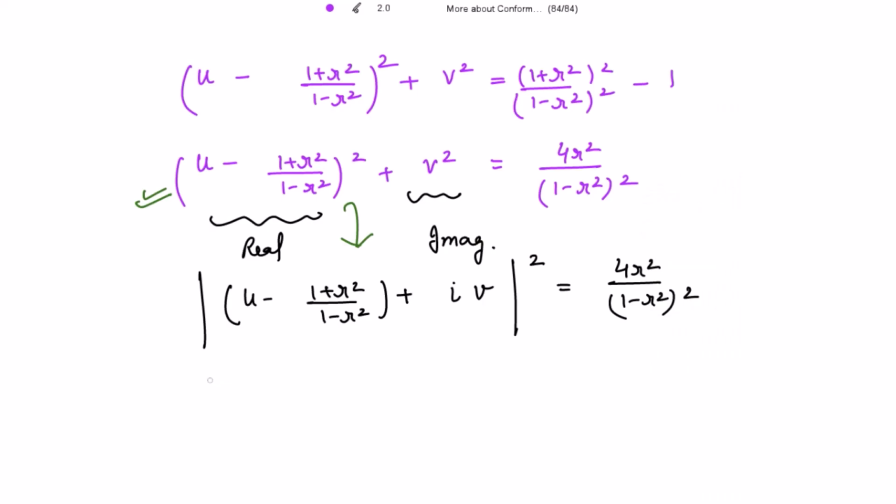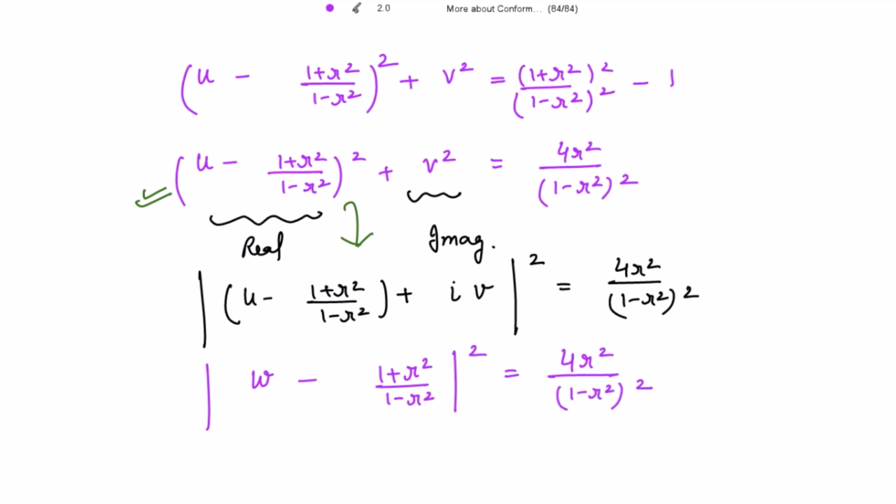Okay, here u plus iota v is w. So this is mod of w minus (1 plus r square over 1 minus r square), whole square, is equal to 4r square divided by (1 minus r square) whole square. And if I take the square root on both the sides, then the square vanishes from the denominator, and from the numerator also. And here I'm having 2 instead of 4, because 4 is 2 square.